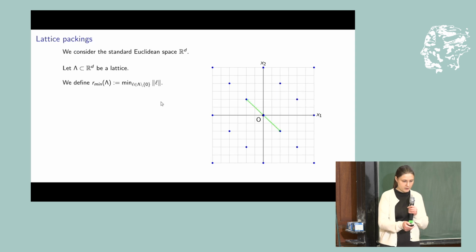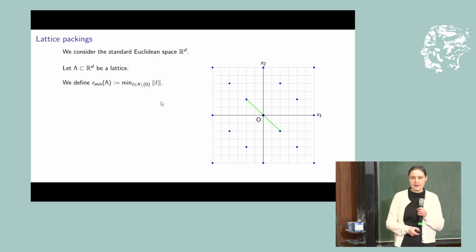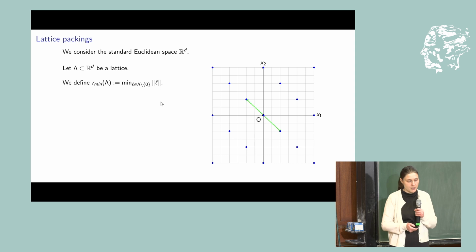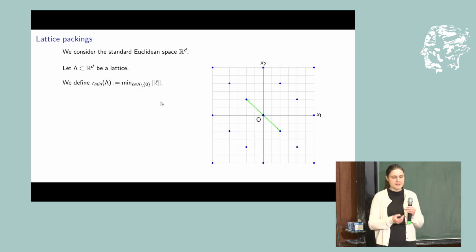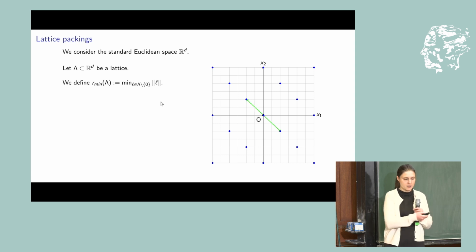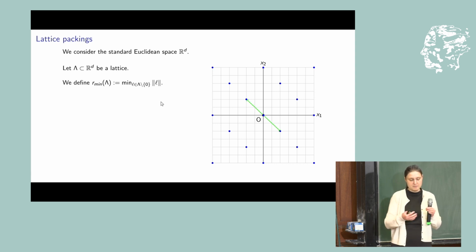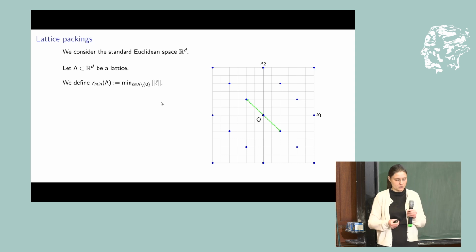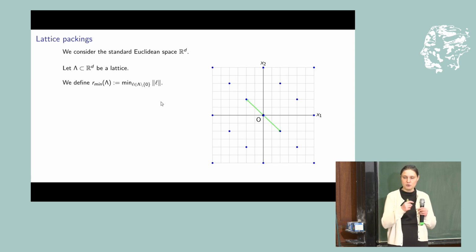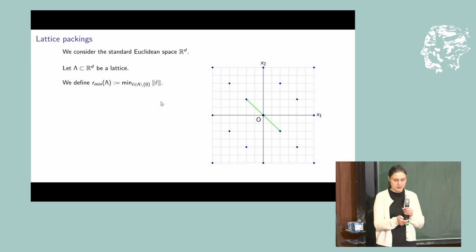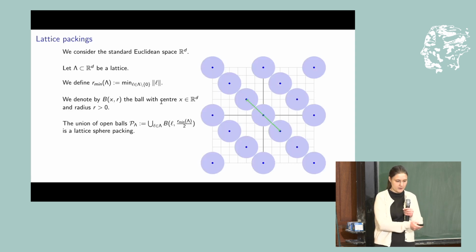In our lattice, these two green vectors are the shortest vectors. Now if I want to put a ball, or in this case a disk, with a center at each blue point, my best chance is to take the shortest vector divided by 2, and this would be the radius of my balls. So this is how the picture of a packing would look.